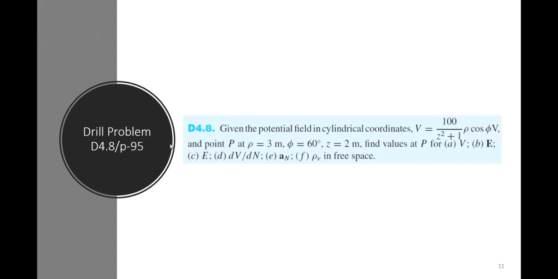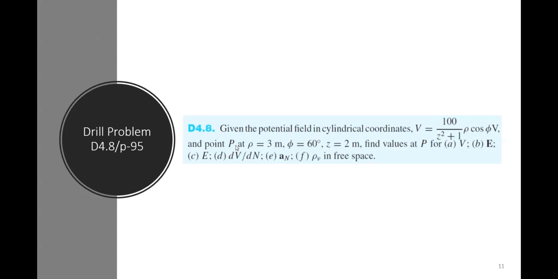Let us try a drill problem. The drill problem D4.8, the problem is given on page 95. We have been given the potential in cylindrical coordinate system, and we have been asked to find the potential at rho equal to 3 meter, phi equal to 60 degree, and z equal to 2 meter.